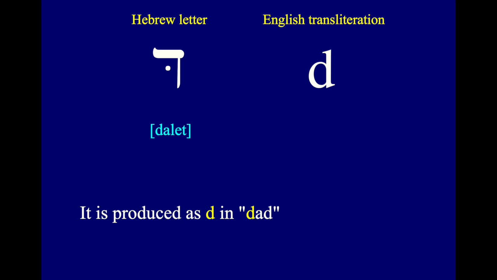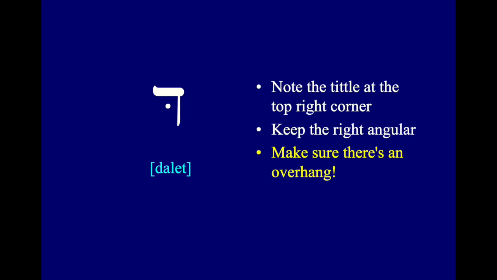Notice about the dalet when you draw it that a little bit comes out over the top right corner. It's like a right angle, like two lines, but notice that the horizontal line goes over the vertical line a little bit. That's what we call a tittle. Have you ever heard of Jesus talking about jots and tittles? A jot is a yod, a little letter we'll get to in just a little bit, which is easy to miss.